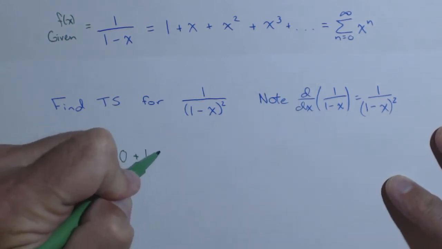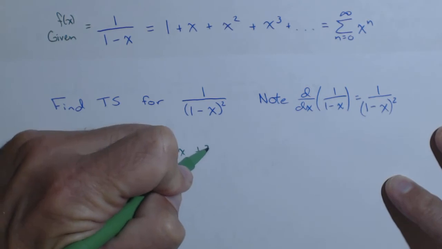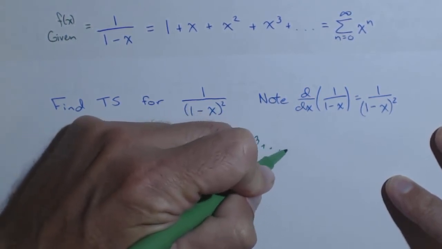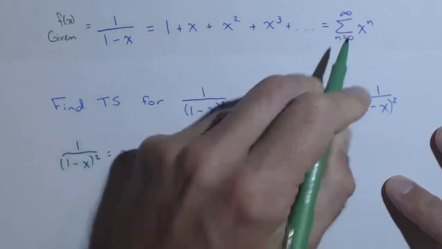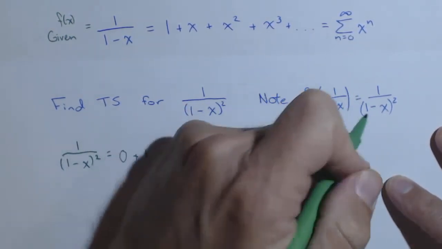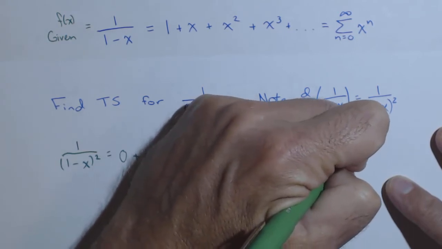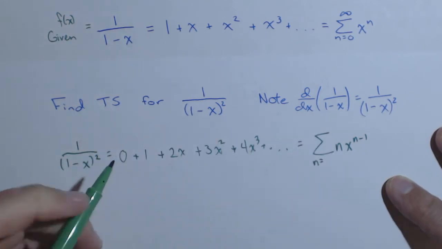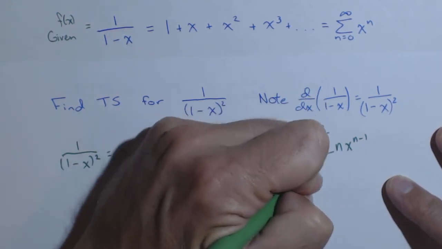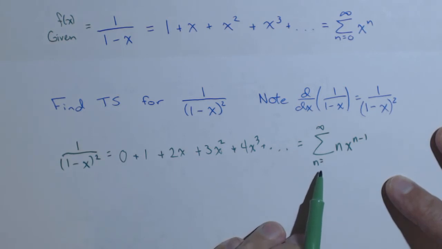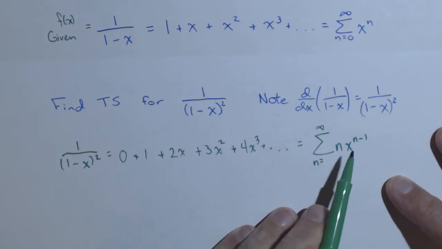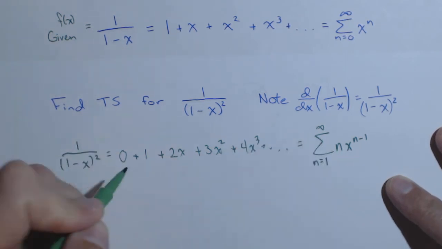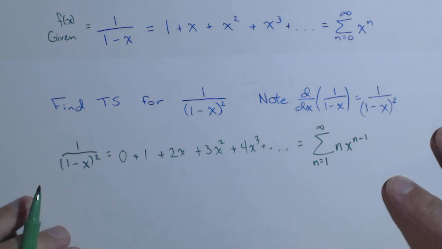So 0 plus 1 plus 2x plus 3x squared plus 4x cubed plus so on and so forth equals, we can actually just do the derivative of this here, and it's n times x to the n minus 1, and we need to make sure our n begins at the right spot, and because we went down 1, we don't want to start at 0 because it's not going to work out quite right, although we could do 0, but we're going to go ahead and start it at 1, and we'll get the rest of those terms.